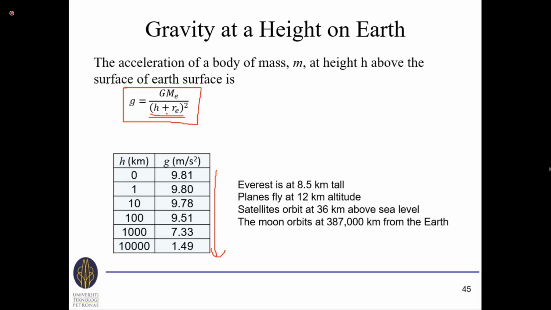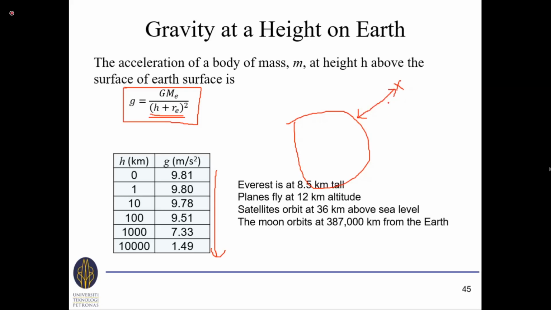H is the height from the satellite to the surface. RE is already the radius of the Earth. Okay, you have, this is the Earth, and then this is the satellite. H is from the satellite to the surface.